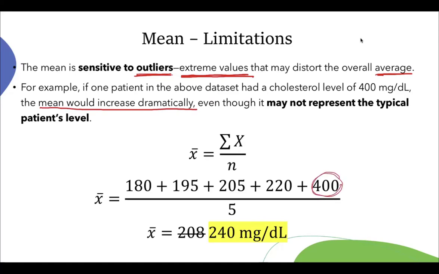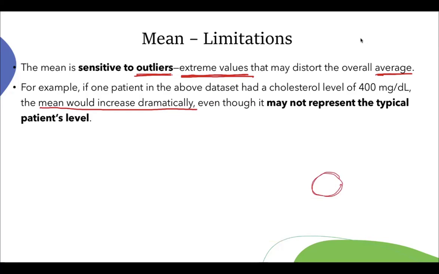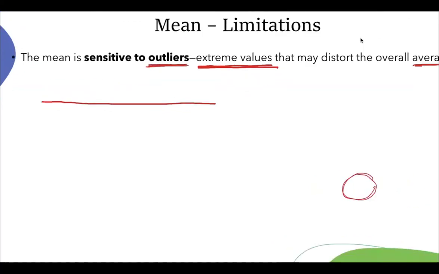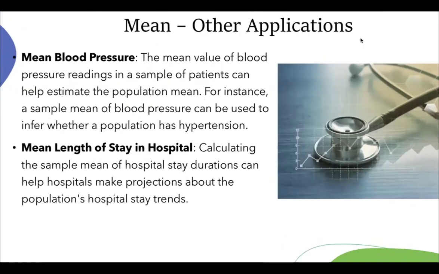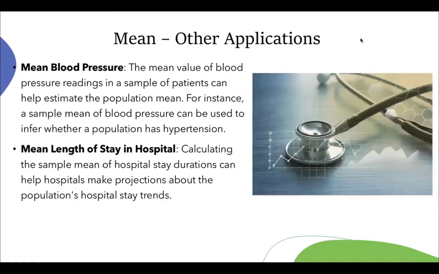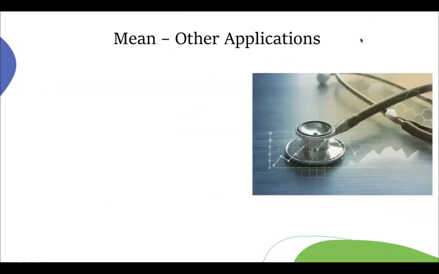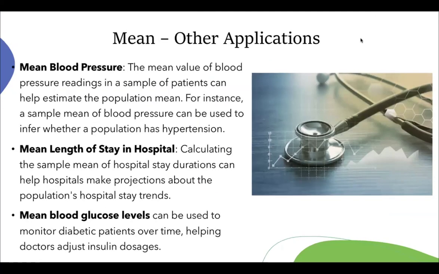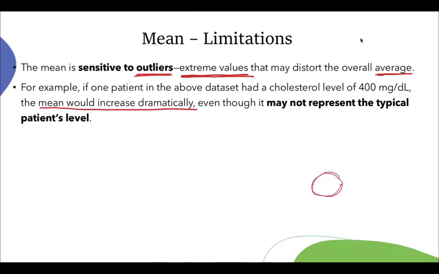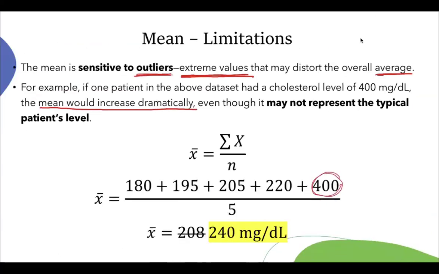What was the other value? Okay, it was 240. So let's replace it with a 400. And that's what we're doing here. And when you do that, you're going to inflate your average to 240.